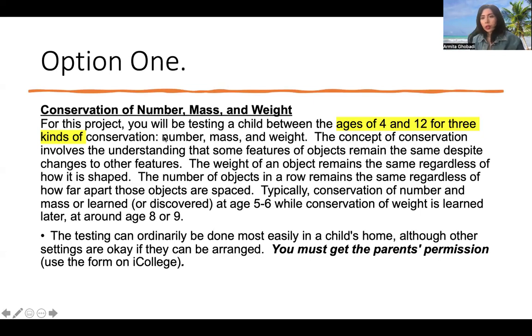For this project, you definitely need a child, and the child should be between age 4 to 12. It's better to have a kid between age 5 and probably 10. The result can be more interesting, but if you don't have one, that is fine.